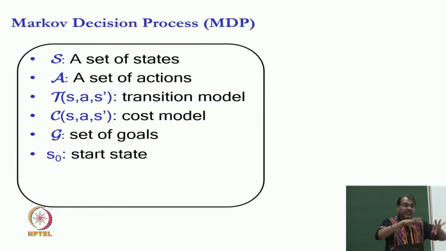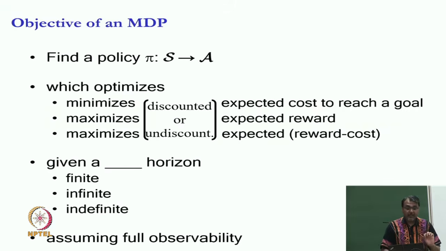If I do this action, I can reach many states. Now, what I am doing is I am assuming what is called full observability. This full observability says once I take this action, I know exactly where I land. I know exactly whether it is favorable or unfavorable. Now, there is no uncertainty there.